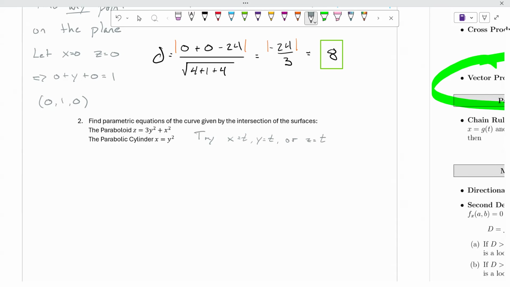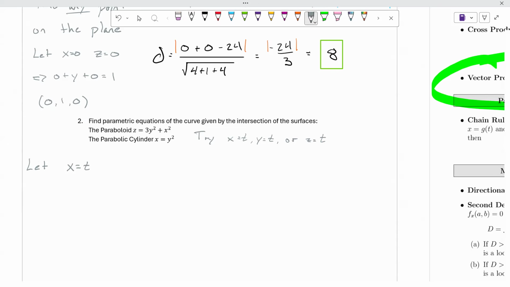So might as well just start at the beginning with x equal t. Let me just say let x equal t, because it is a choice, but I've got to make one to get started.